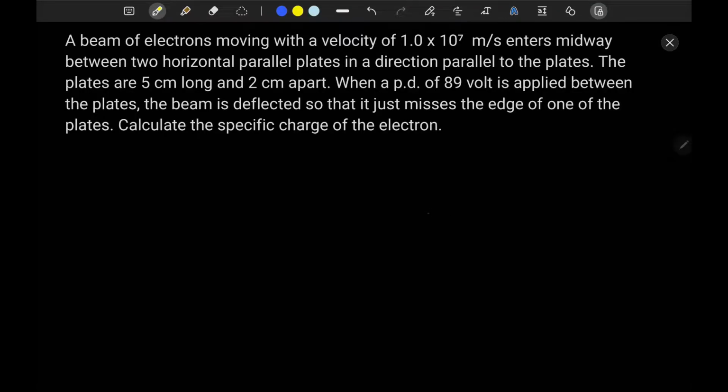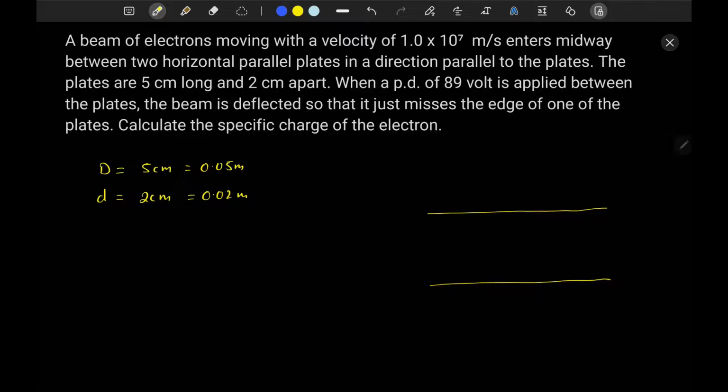Here we are provided with two plates. The length of the two plates is 5 cm long, that is 0.05 meter, and the separation is 2 cm, 0.02 meter. This is the length, and this one is the separation.